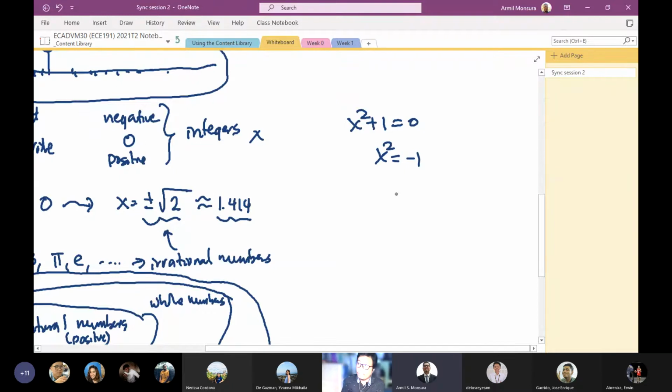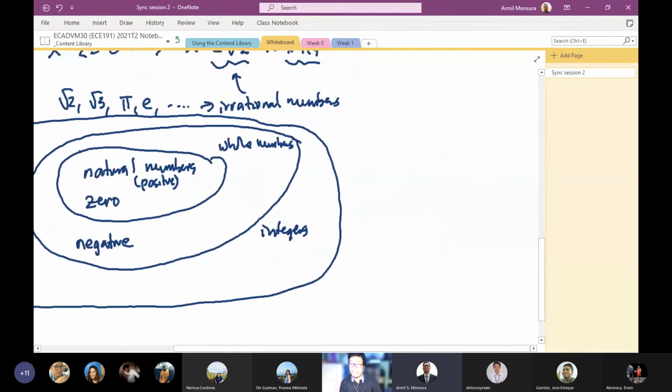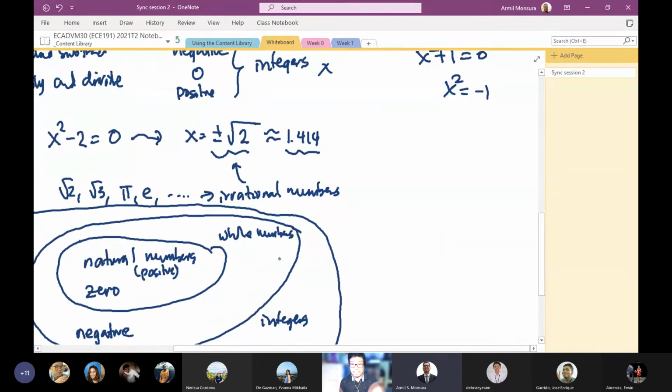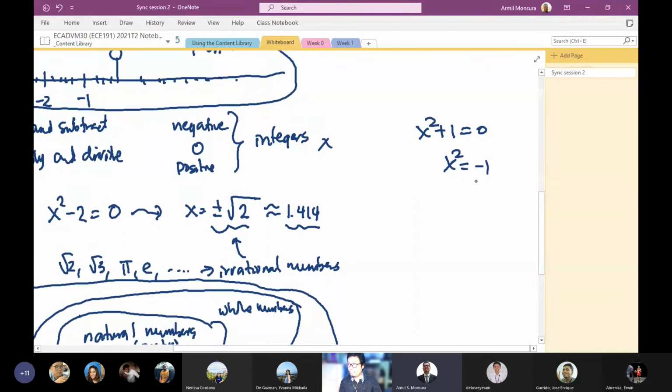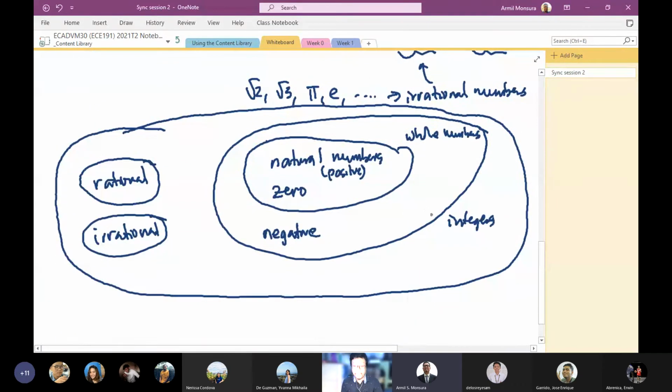If you look closely, the problem states that you need to think of a number that when you square becomes -1. But of course, this is impossible with the given set of numbers that we have here.